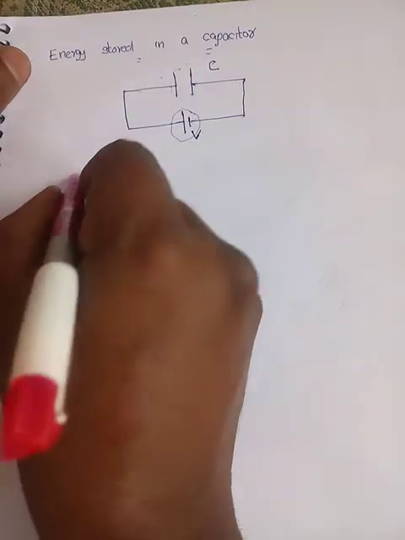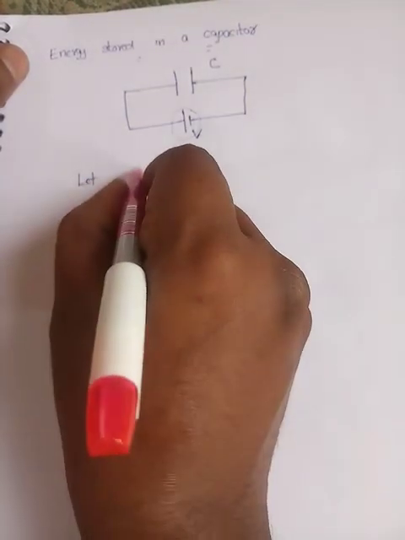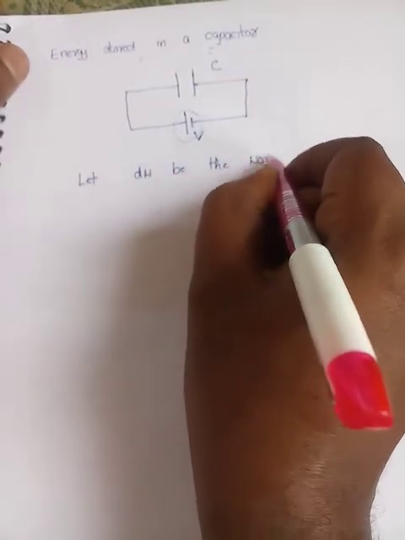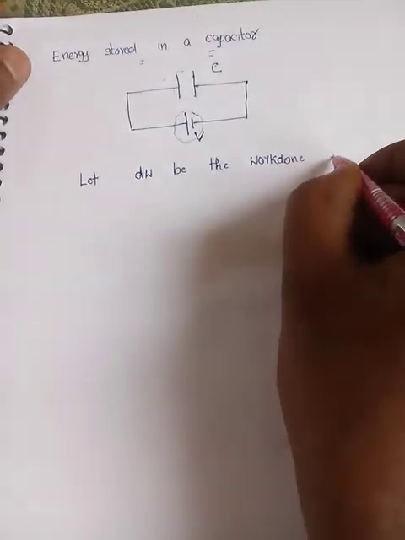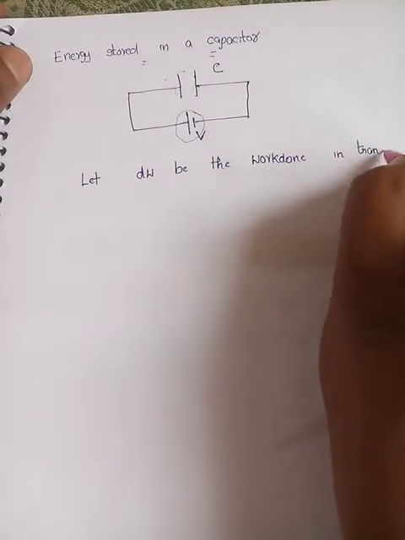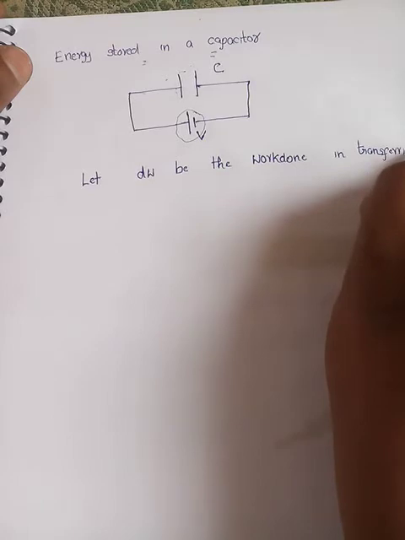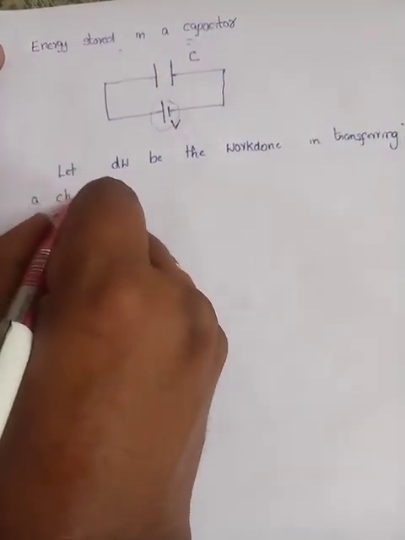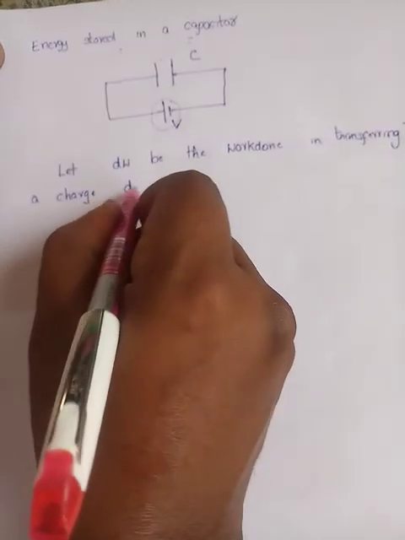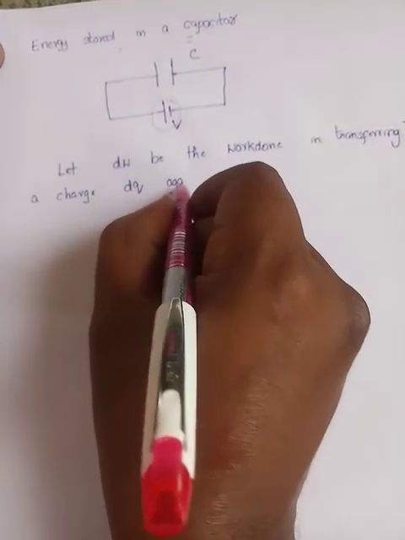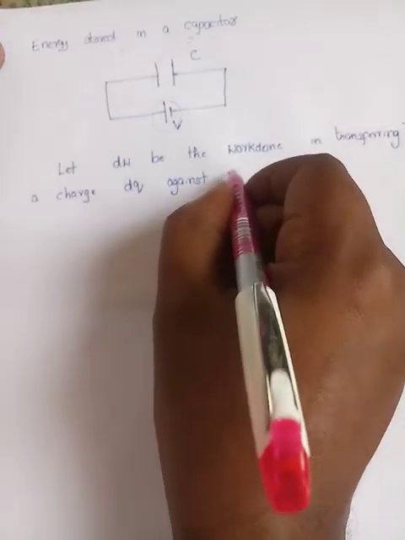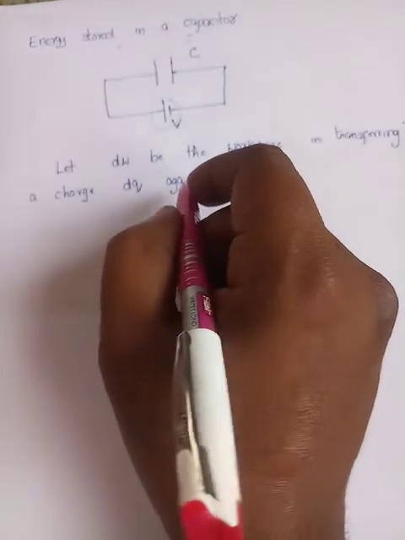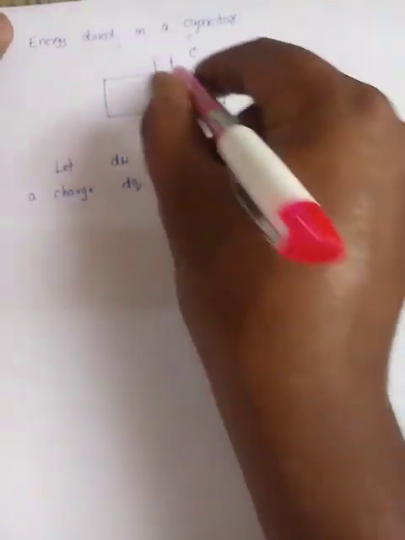So let dw be the work done in transferring a charge dq against potential v.